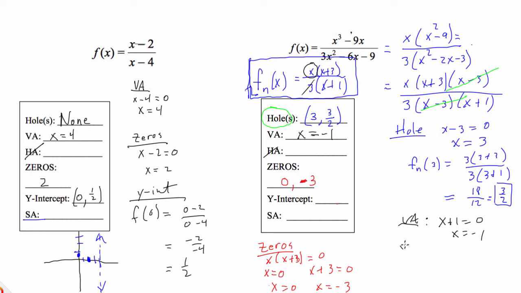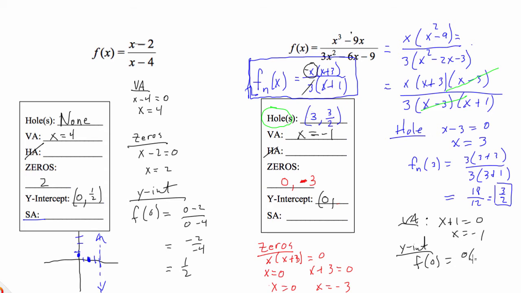And again, with the y-intercept, just plug in 0 into the new function. So I'm finding f of 0 in the new function. So I have 0. Oh, well, again, this makes sense. I see what's coming here.